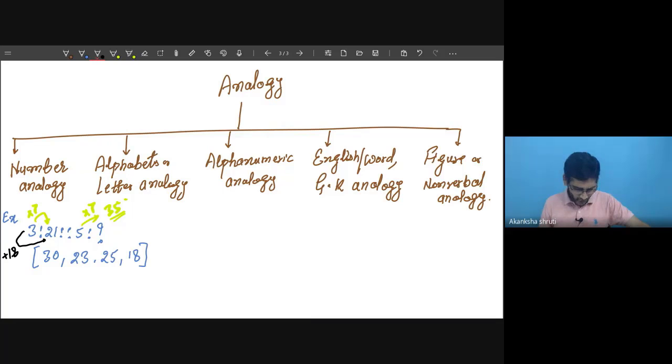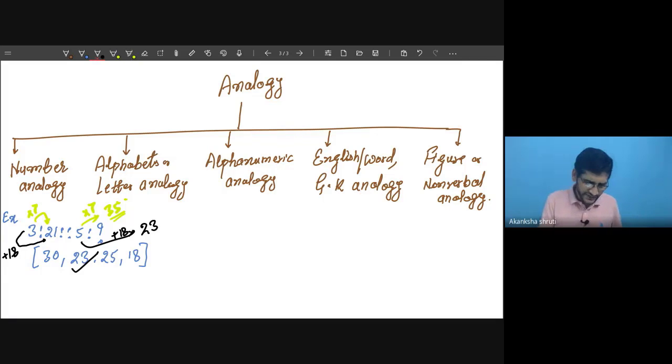So is there any option which, by adding 18, we are getting? Yes, it is going to give us 23. So 23 is the correct option. So it is that kind of analogy. It is called your number analogy, that I had also explained.